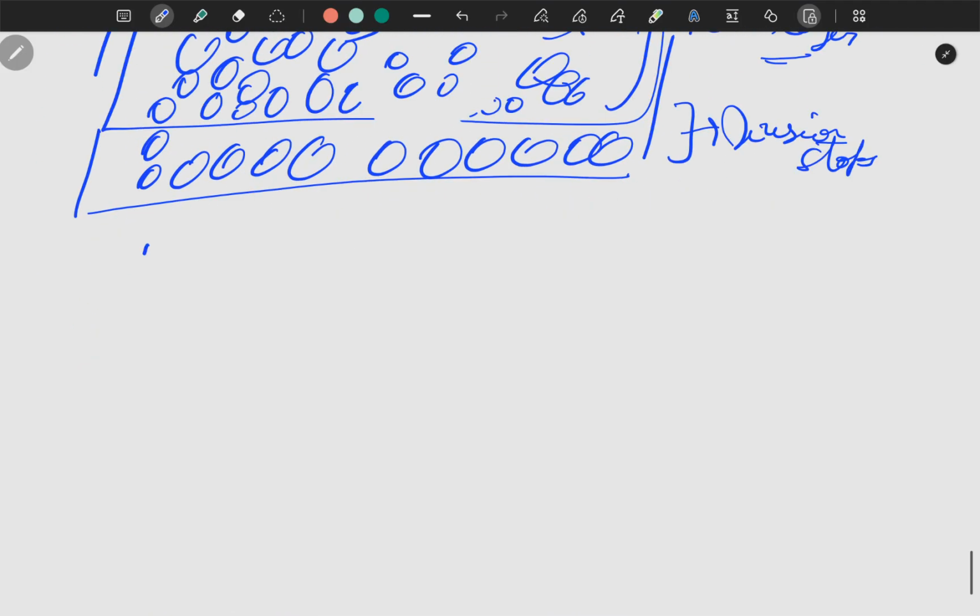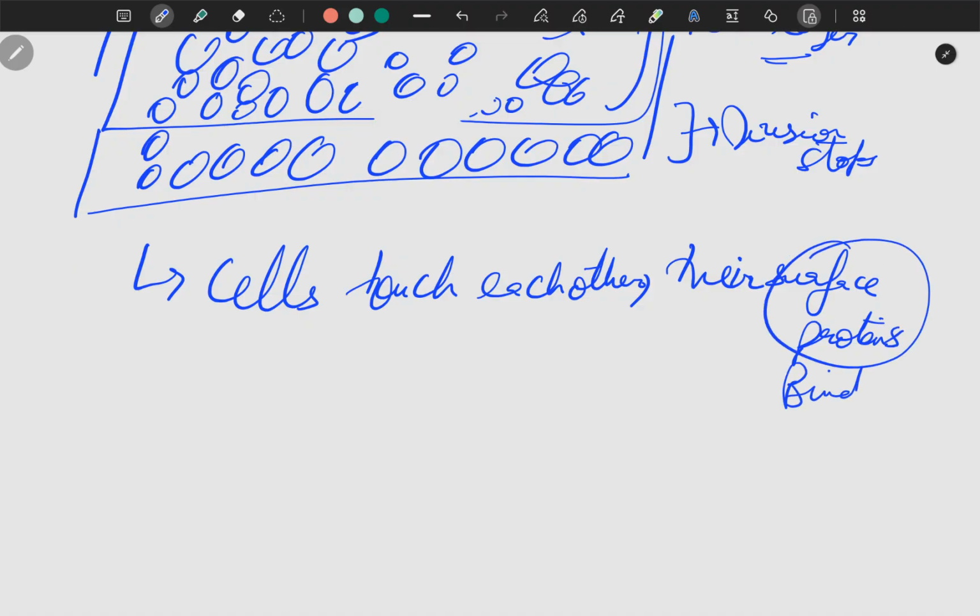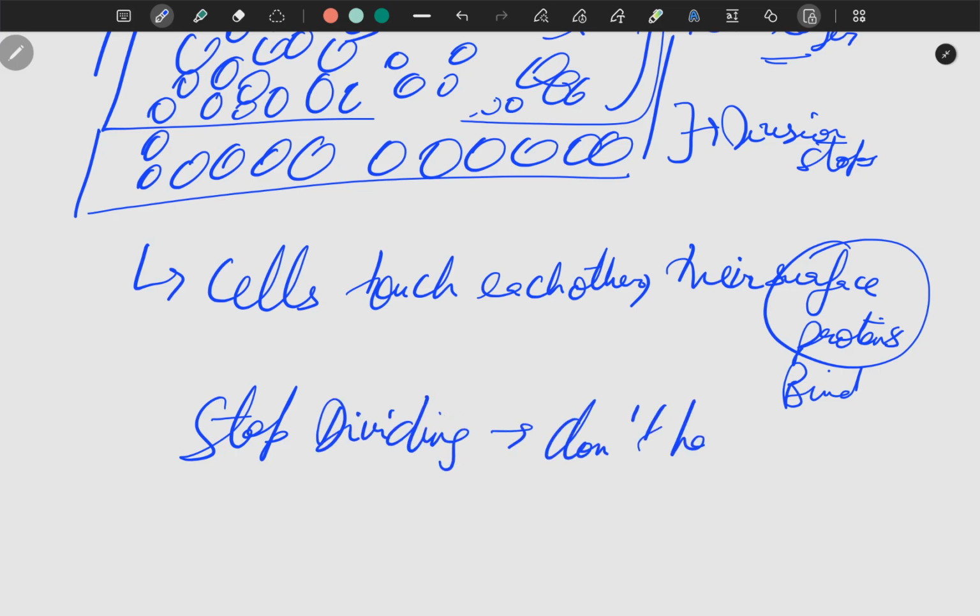When cells touch each other, surface proteins, note this, bind together, and this protein sends a signal to the other cell to stop dividing, because there is no space left.